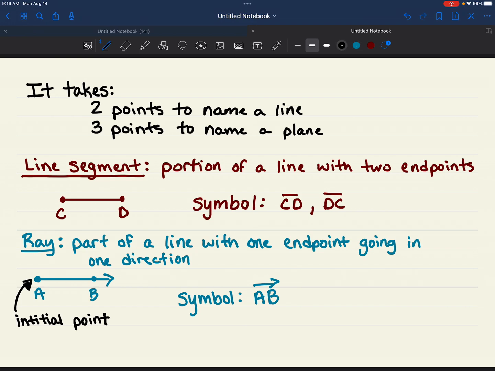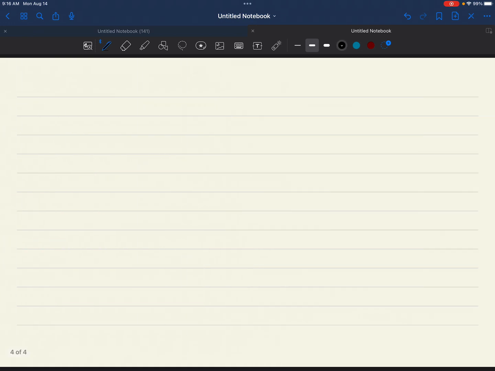All right, last one. If you still have room underneath where you're at, you can keep going. I just got to go to a new page. So now that we've talked about rays and we know what one ray is, what do we think opposite rays are? Say it again, Vic.